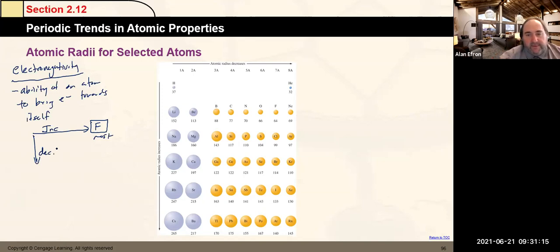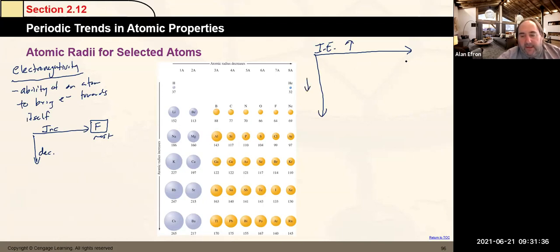So if we think about all of the trends that we just talked about, just to wrap this up: as you go to the right on the periodic table, ionization energy increases. As you go down, it decreases.